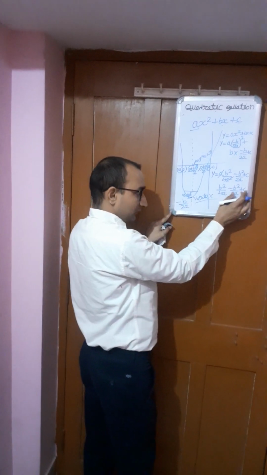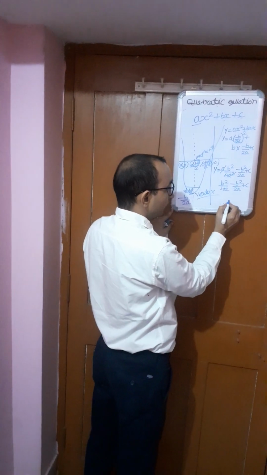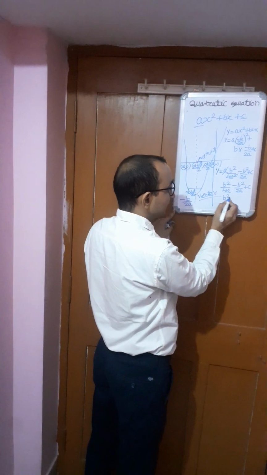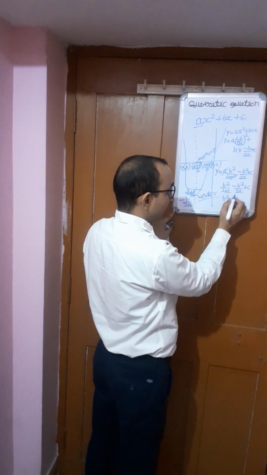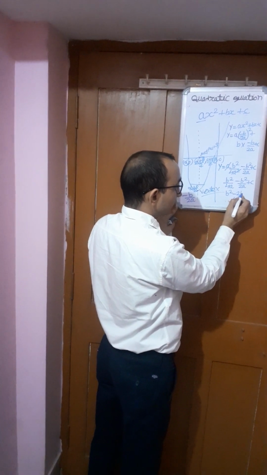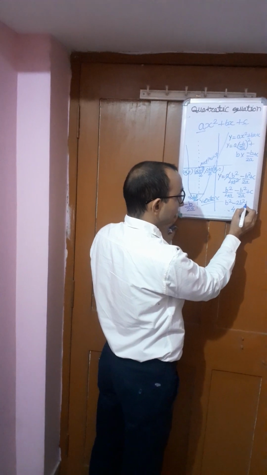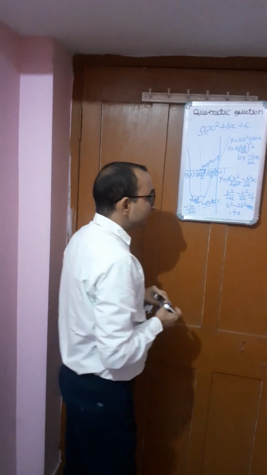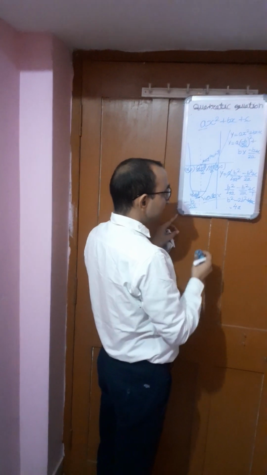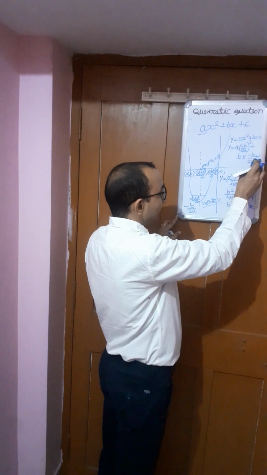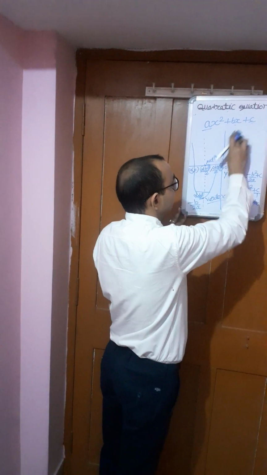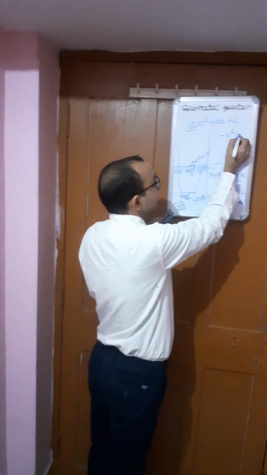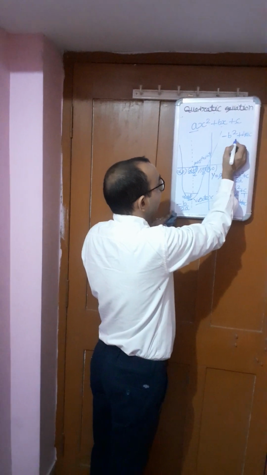Here if we take the LCM, 4a is the LCM, so this is b square, this becomes minus 2b square, and this becomes plus 4ac. So this comes as minus b square plus 4ac by 4a.